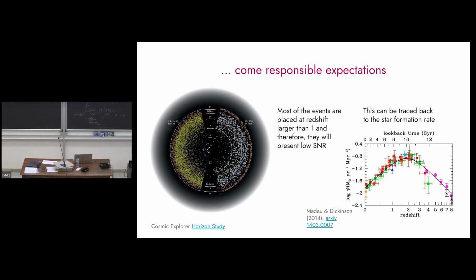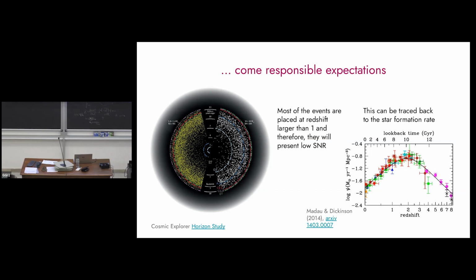And so you see that in the region that we have explored so far with LIGO, there are not many sources in relative terms. There are probably many sources in absolute terms, but not in relative terms. Most of the sources are at redshifts larger than 1. This is because you can trace it back to the star formation rate.